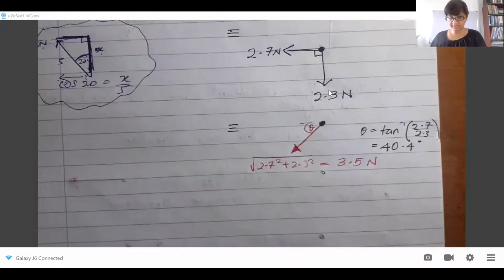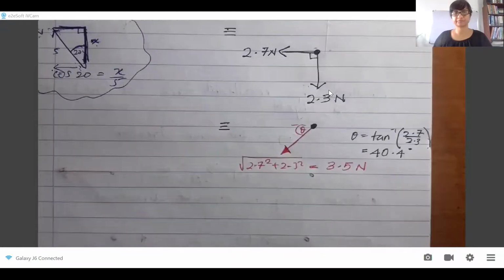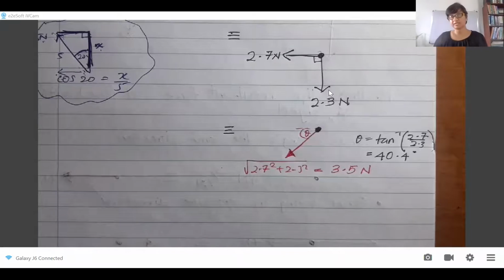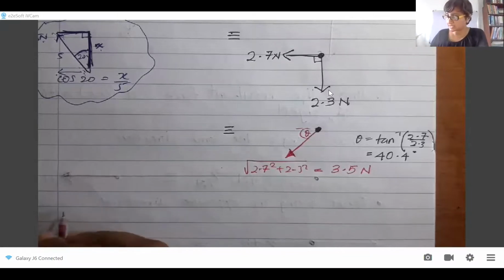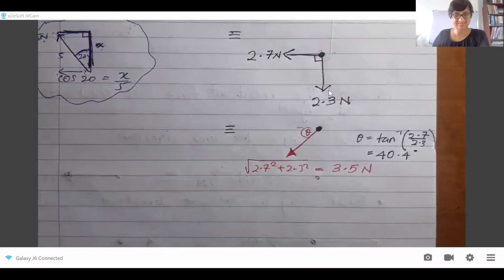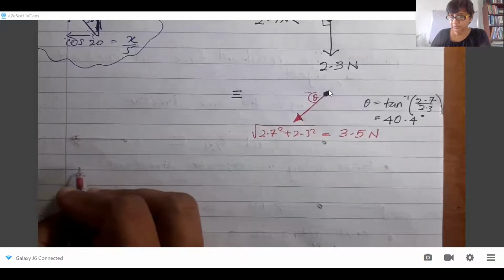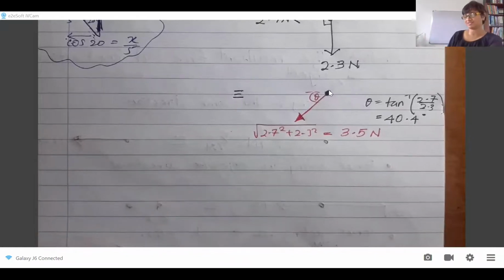Let's write a very important result. This is a consequence of Newton's first law, but I want to give it as a separate little result. Okay, so write in red. Let me ask you first.